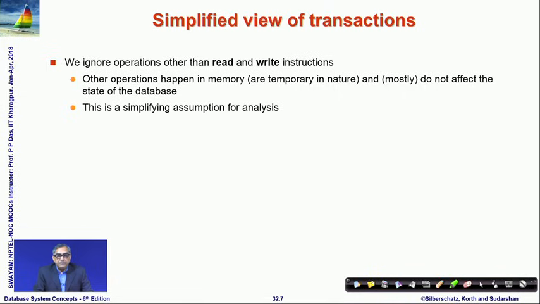Now, a transaction may have all varied kinds of instructions, but we make an assumption that we will ignore any instruction other than the read and write instructions, because other operations, like we saw an operation where an account is debited by 50 or credited, so you subtract 50, you add 50, you multiply by 0.1 or things like that, are all operations that happen in the local buffer in memory and are temporary in nature, and mostly they do not affect the state of the database, because you have read the data, do the changes, write it back.